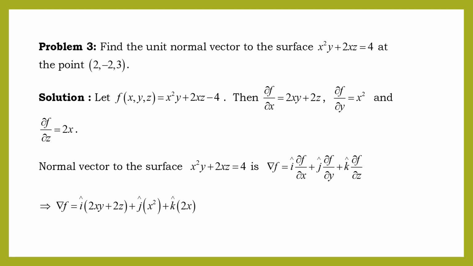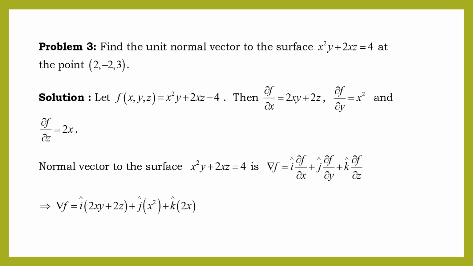To find a normal or unit normal, we need to find its partial derivatives, dou f by dou x, dou f by dou y and dou f by dou z. For this given surface, f of x, y, z equals x square y plus 2xz.